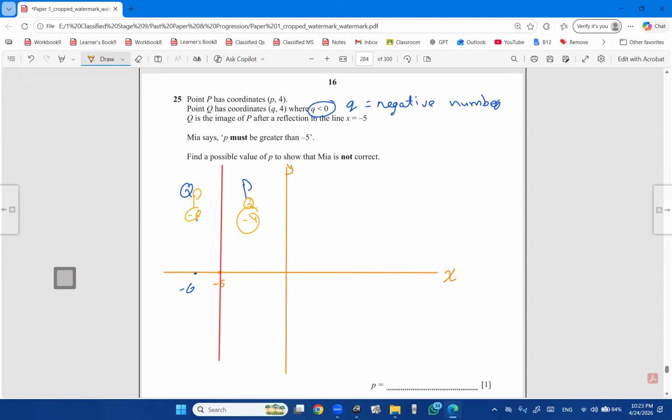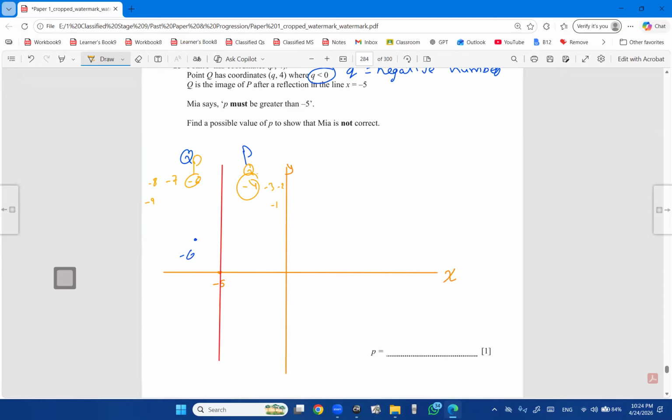P can also be -7, then Q will be -3. P can be -8, and then Q will be -2. P can be -9, and Q will be -1, then you stop.